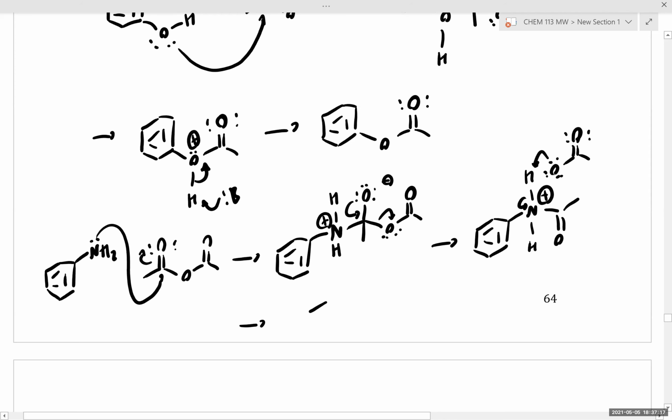That in turn generates our neutral isolable amide product. Do these two mechanisms make sense to everyone? Any questions on these reactions?